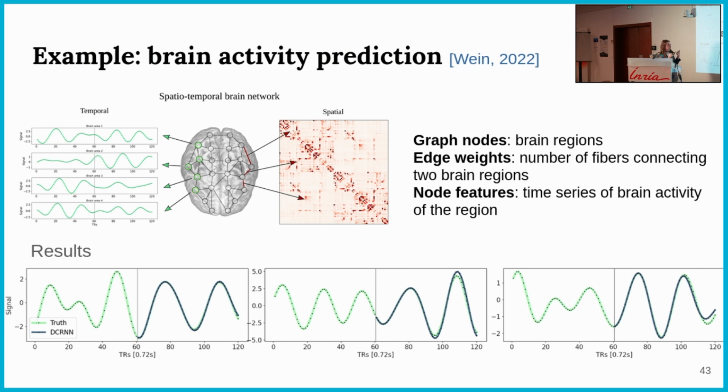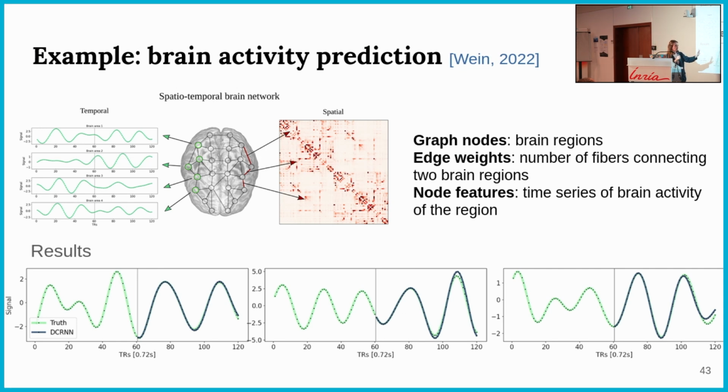The topology represents the structure of the brain, because the edge weights are the number of fibers between two brain regions. And then the brain activity is given as a time series as feature of the node. And then applying this spatial temporal graph neural network, we obtain these results.